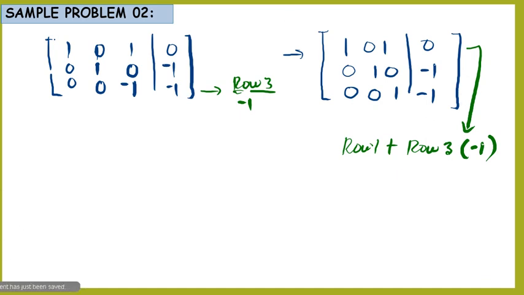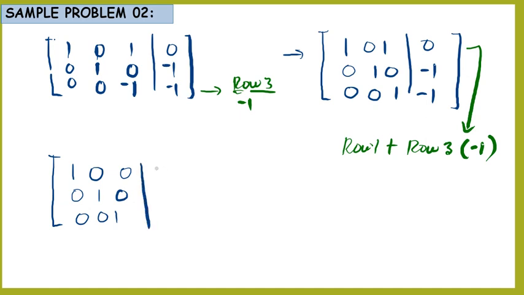So, our resulting equation there would now become, resulting matrix would now become 1, 0, 0, 0, 1, 0, 0, 0, 1. So, we have negative 1, and 1. So, yan.